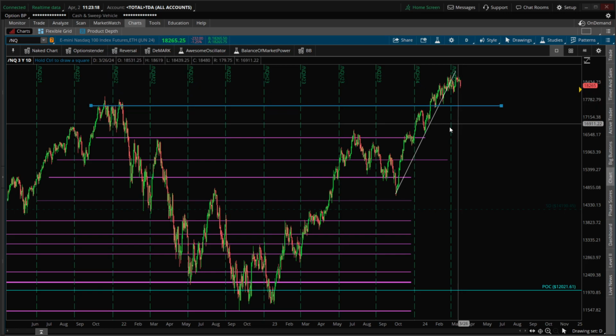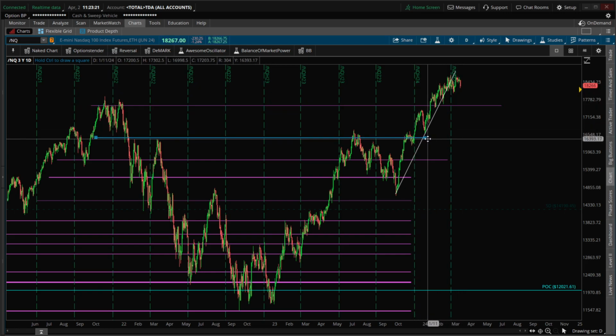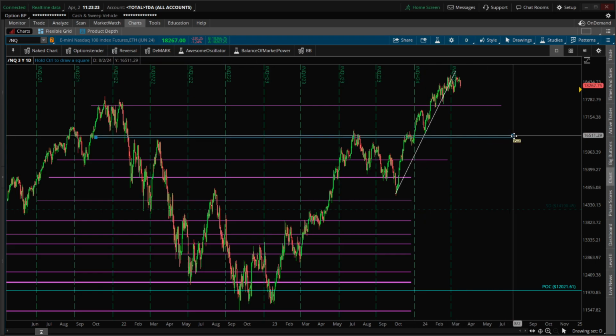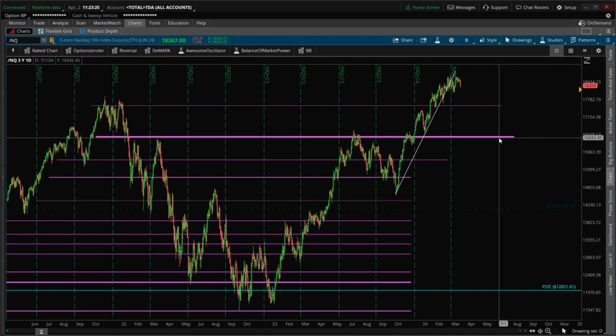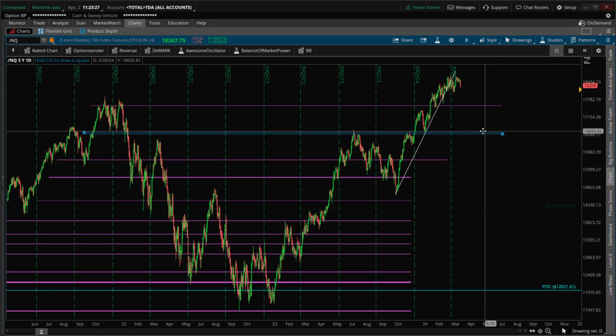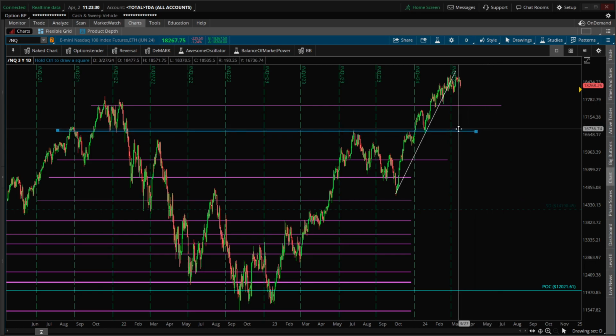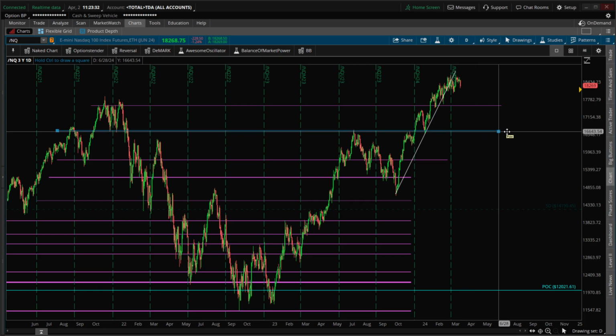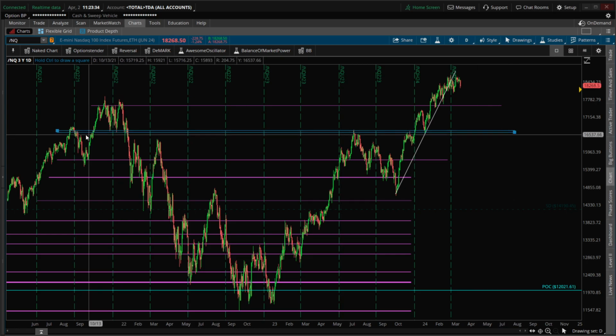Maybe we get a reaction off of here, but we should be looking at the next stop being a little bit further down. And I think it'd be more appropriate for this to be right in this zone right here.